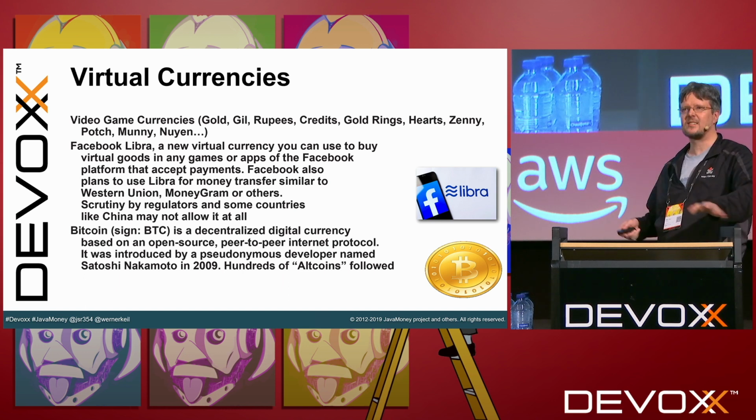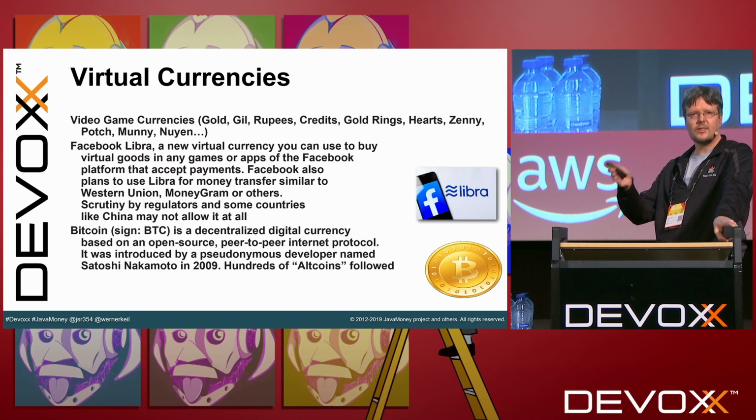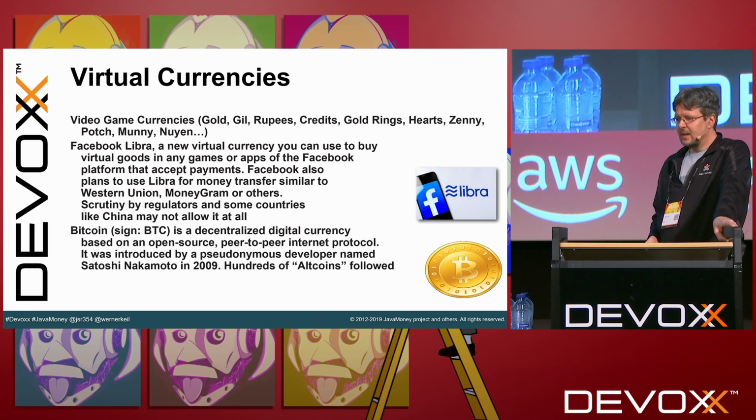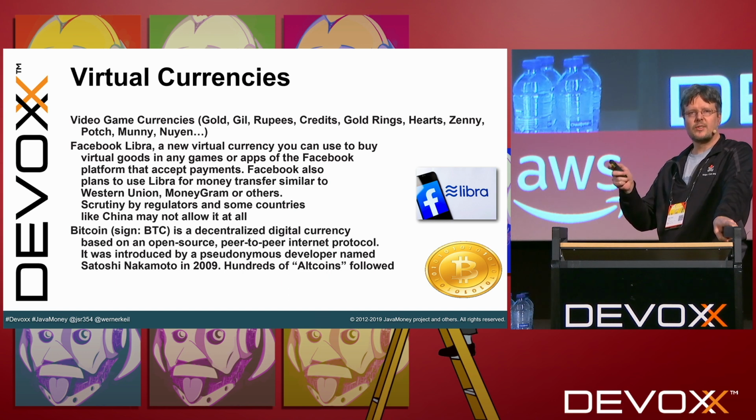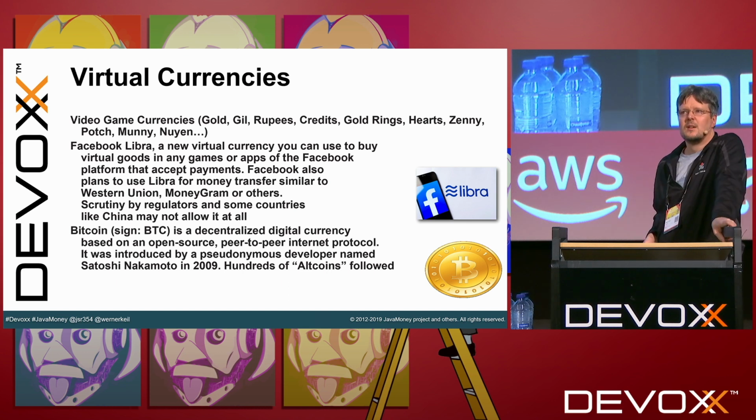Both the Chinese government and also even the European Union made some suggestions that they may create their own cryptocurrencies that are regulated by the state. So at some point in the future, we may even see certain cryptocurrencies that are linked to a particular locale like China or countries in the EU. At the moment, that's not the case, but our JSR would also be ready for that.